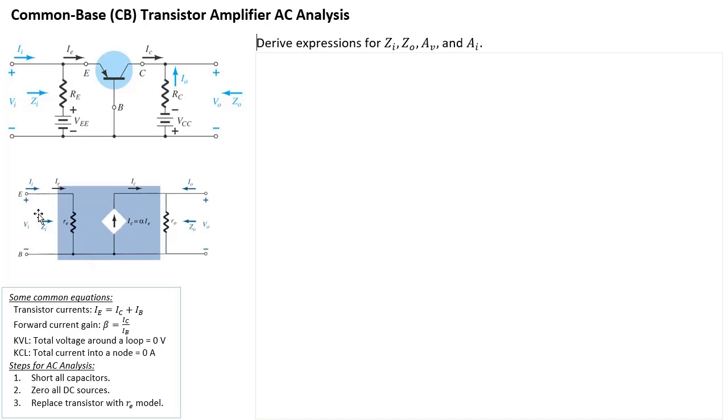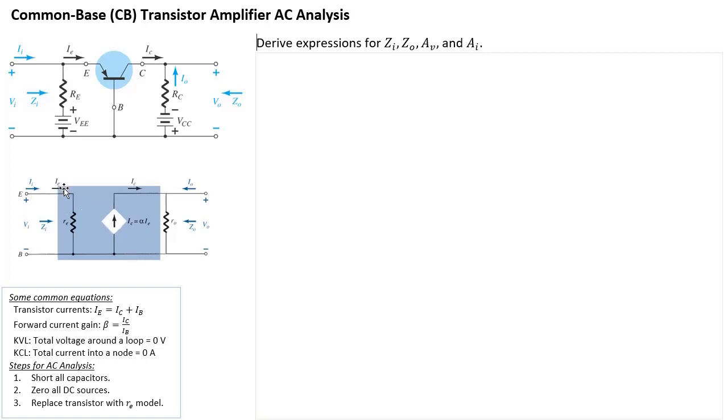In this case, we have just an re instead of a beta re between emitter and base, and then a dependent current source that represents IC, the current coming out of the collector, given by alpha IE.